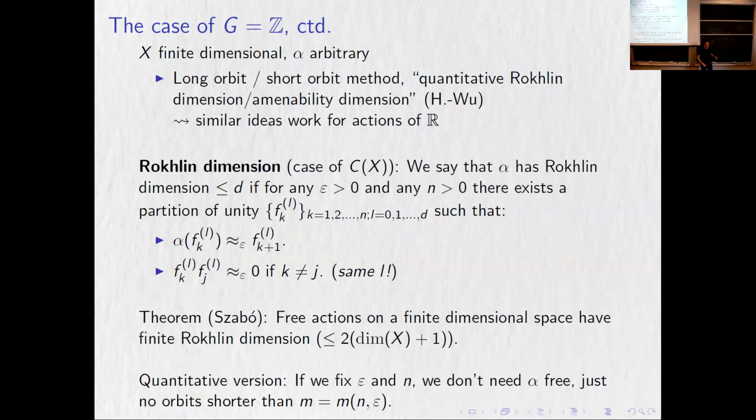Somewhere in the proof we have those Rokhlin towers, which have some parameters in them. The number of colors is given, but we have the length of a tower, and we have an epsilon which comes in there, which might be different from this epsilon.